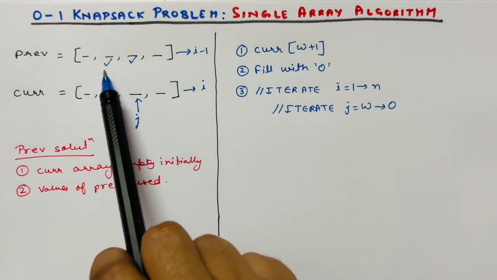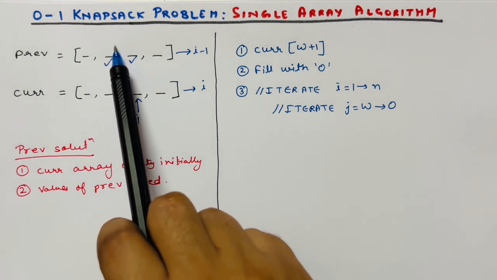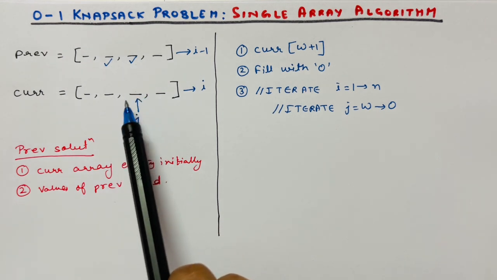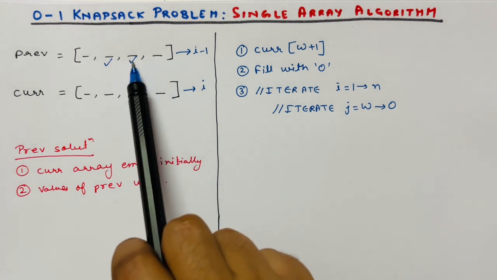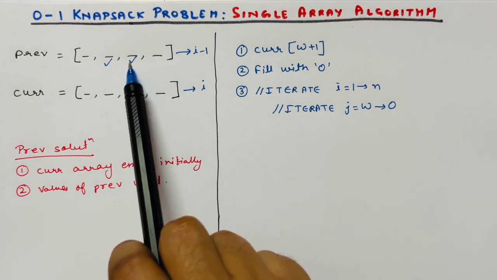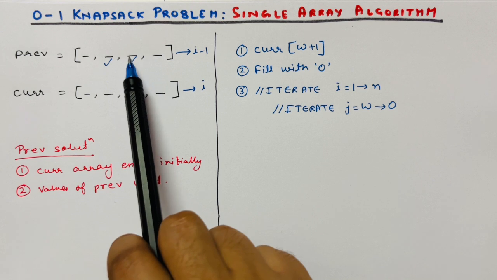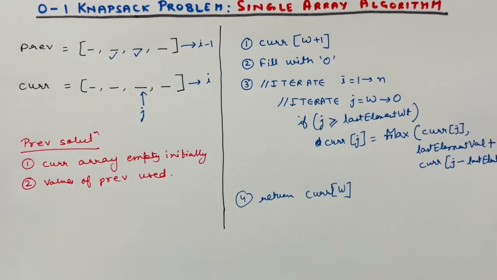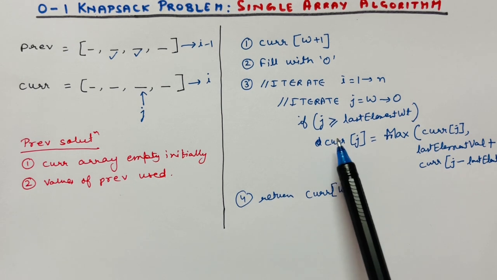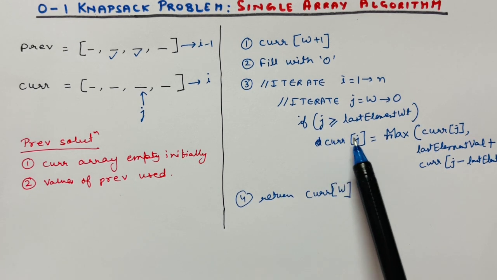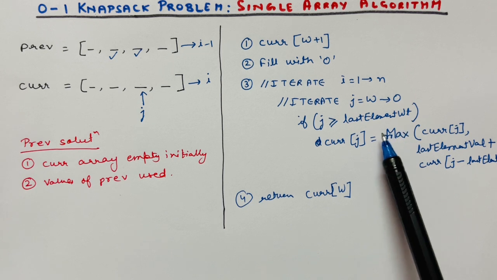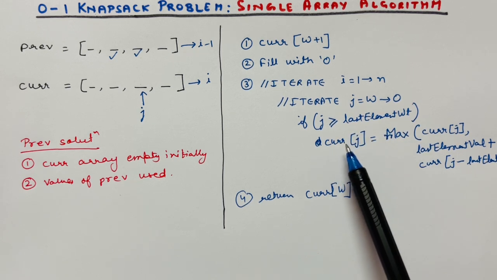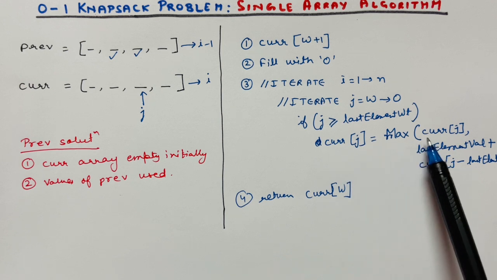So if this is a valid index to go to and this value is greater than the current value here, then we will include that, because as we notice very carefully, this is the exclude case answer and this is the include case answer. So we put here this condition that if the capacity of the knapsack is greater than or equal to the last element's weight, then what will be the updated value at current j? It will be the maximum of the two.